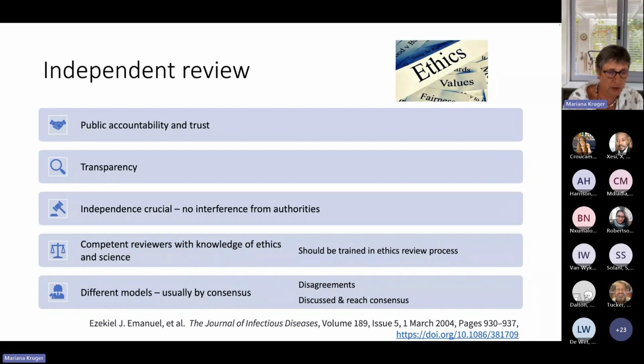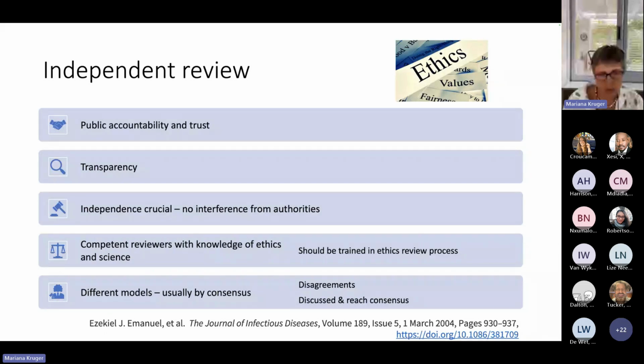And then there are different models for research ethics committees to do their review. Traditionally, the model is to reach consensus. So reviewers will review the protocol. They will present it in the meeting to the whole committee membership, which usually should have a quorum of two-thirds. And then there should be consensus, and any disagreement should be debated until consensus is reached.